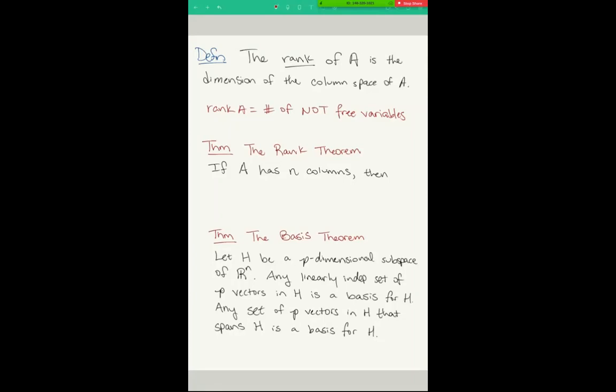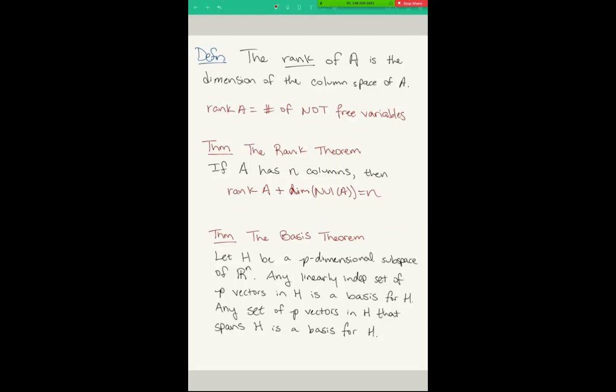Every single one of those columns either contributes to the rank of A if it's not a free variable, or contributes to the dimension of the null space if it is a free variable. So if we add together the rank of A plus the dimension of the null space of A, we should get n, right? Every single one of those n columns contributes either to the rank or to the null space.